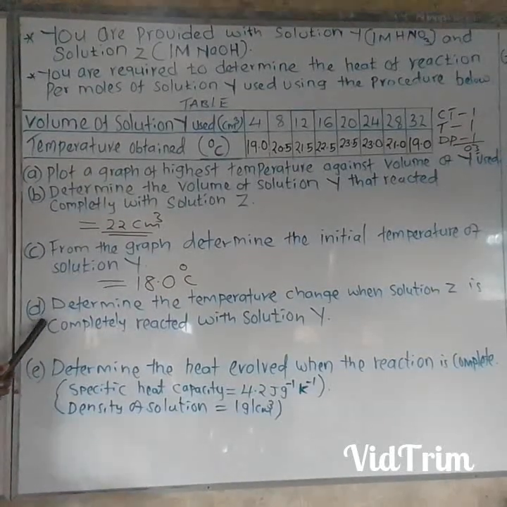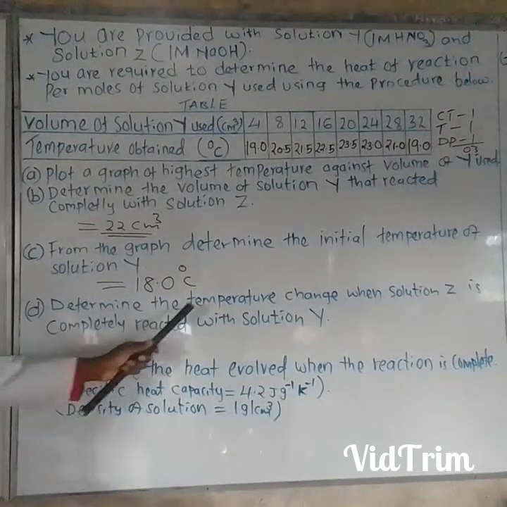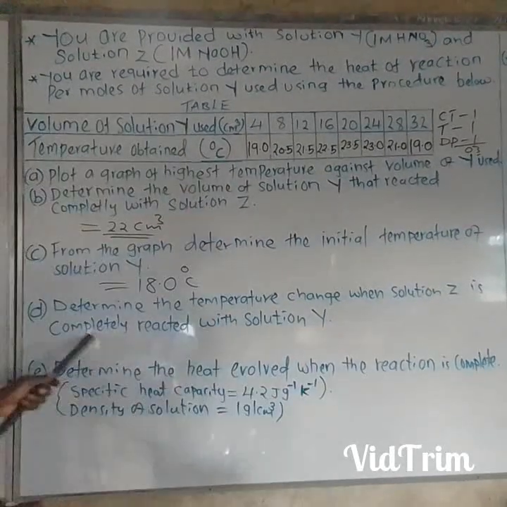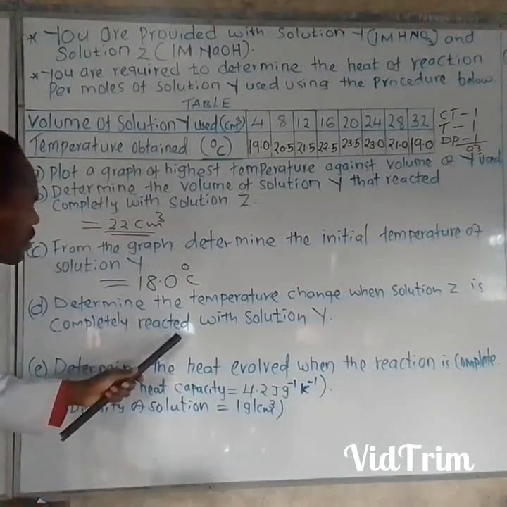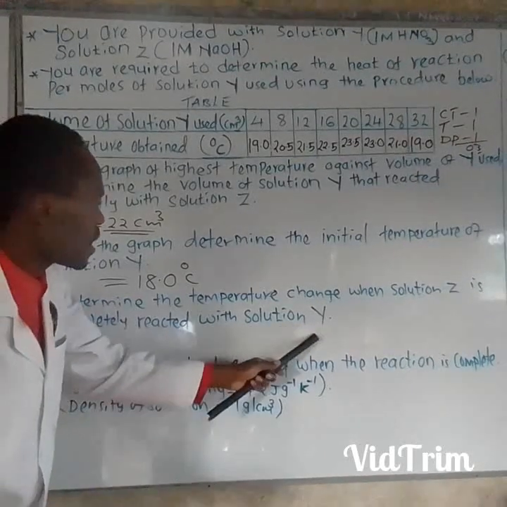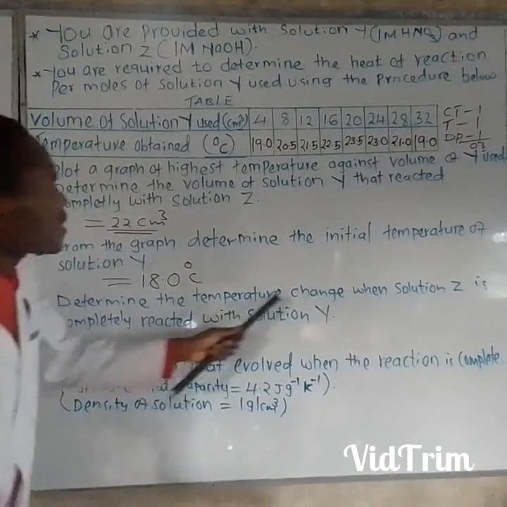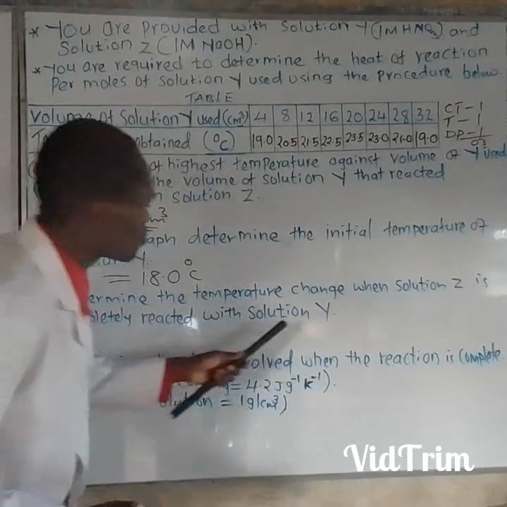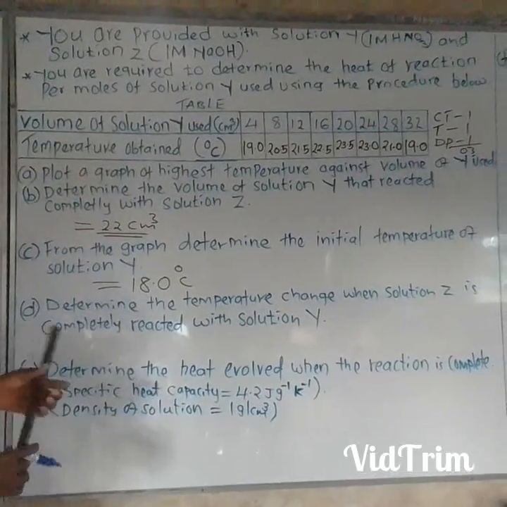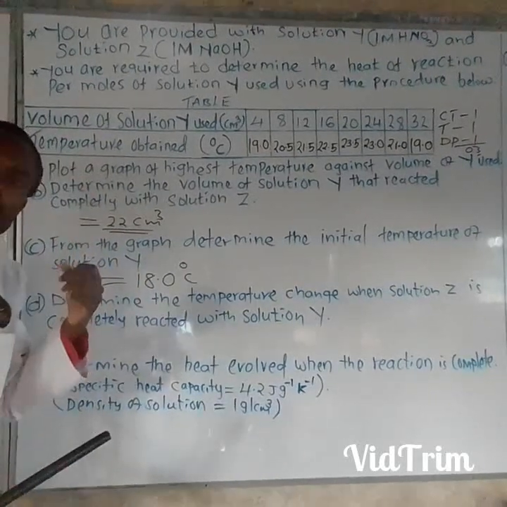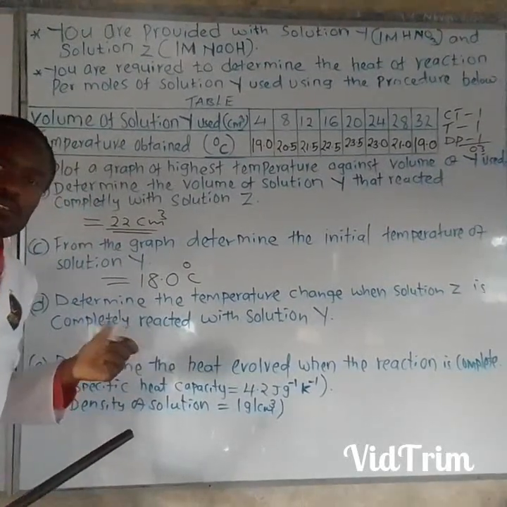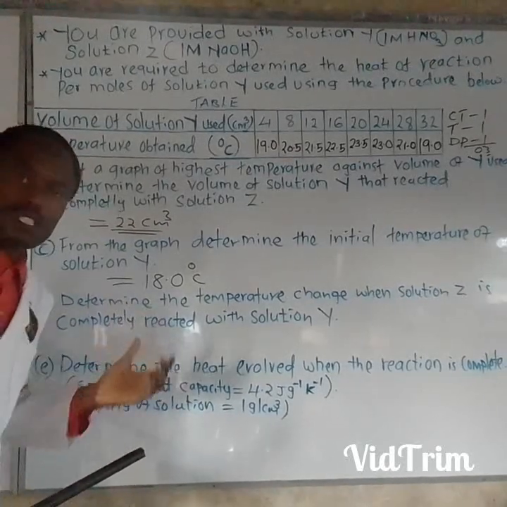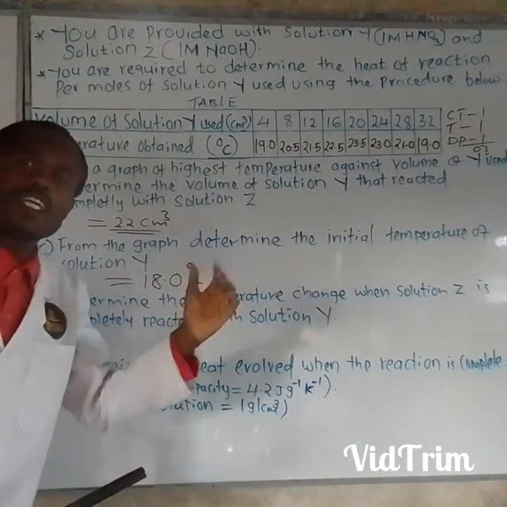Then question D. Determine the temperature change when solution Z is completely reacted with solution Y. Here we take the initial, or lowest, temperature of solution Y, and we also consider the highest temperature.